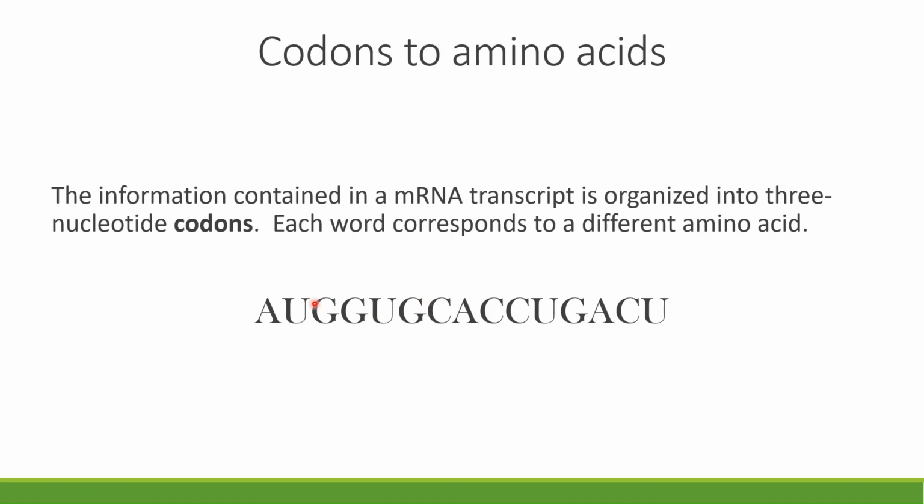You have to do that on your own, so there's no spaces or anything. This AUG is the first codon, this GUG is the second, CAC is the third, CUG is the fourth, and ACU is the last one. And each one of these words is going to be able to bind to a specific anticodon and release a specific amino acid.